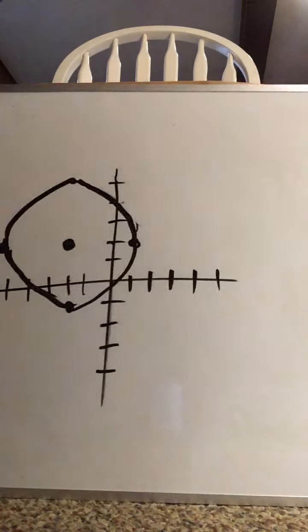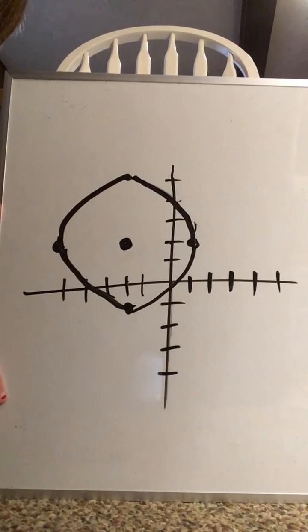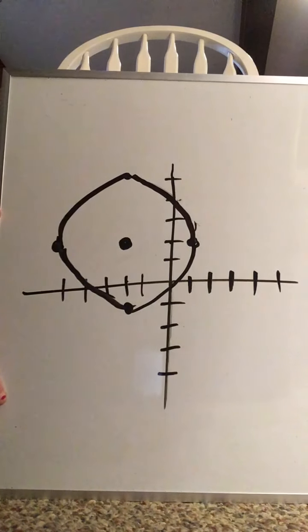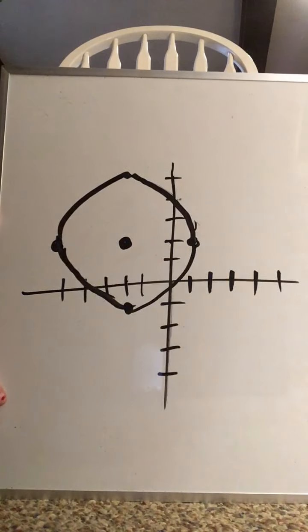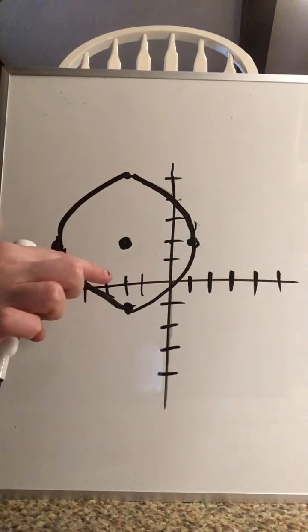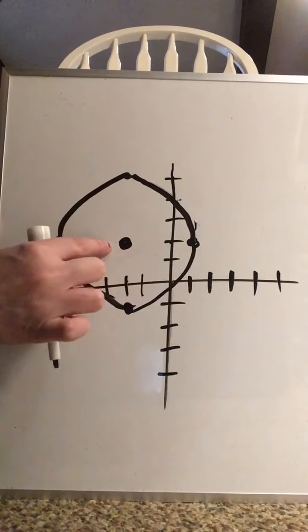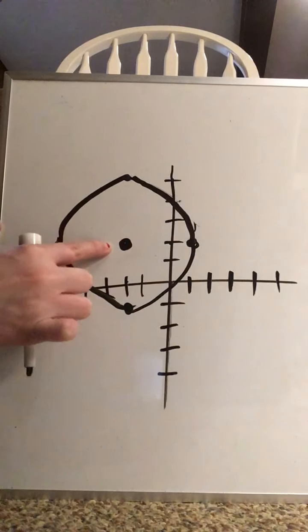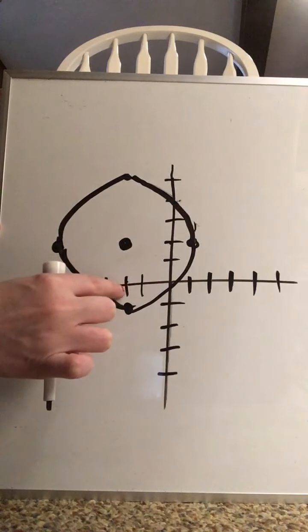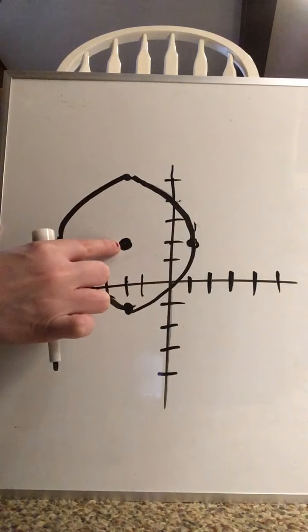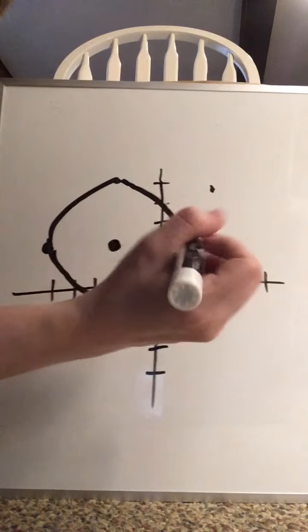Okay, this is our circle. Now, the radius of this, after you figure out what the center is. So here's the center. I tried my best to make it at (-2, 2). So that would be the center. So I'm going to write that over here.